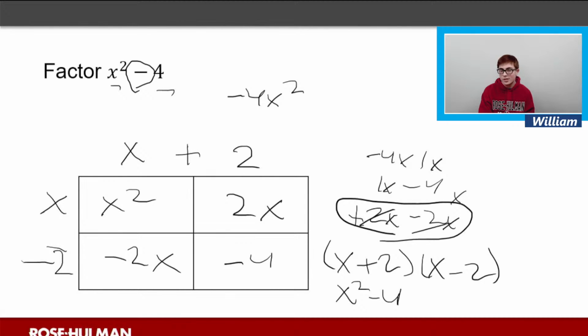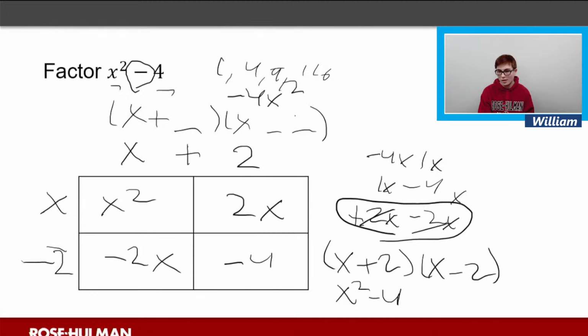So anytime we see something in this form where it's x squared minus something else, especially if it's a square, like 1, 4, 9, 16, any of those combinations, this will always, always, always work itself out to be x plus something and x minus something. And that will always take that form because it's a conjugate.